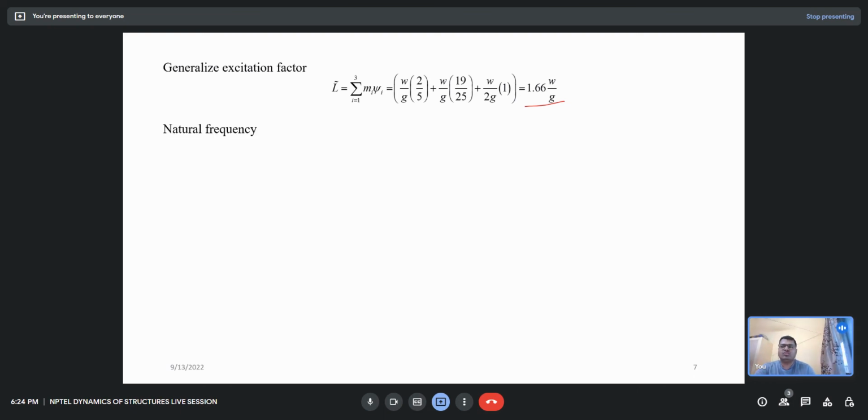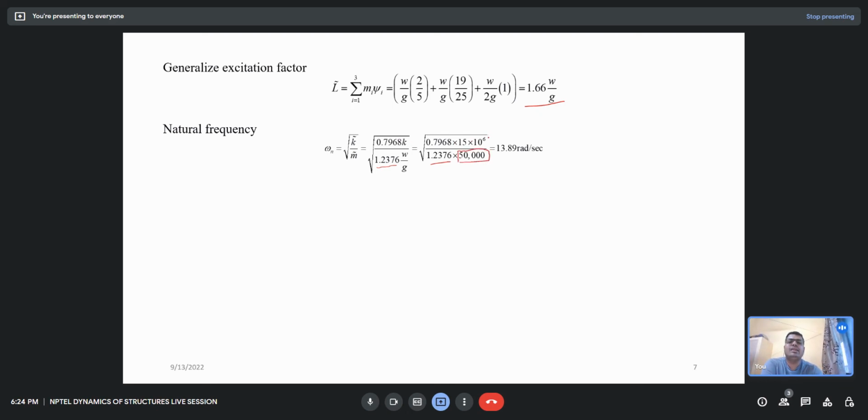Now calculate the natural frequency. What is your natural frequency? That is omega squared, omega equals the square root of k by m. What is your k value? That is 0.7968 k, and what is your m value? The equivalent m is 1.2376 times m, and m is given to you as 50,000.